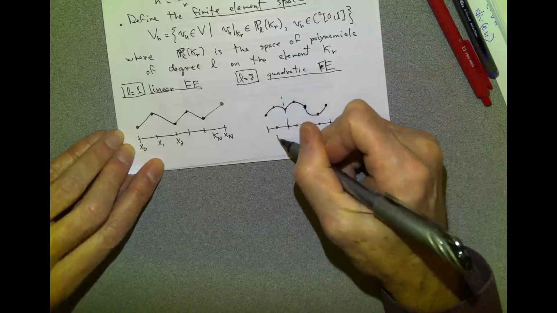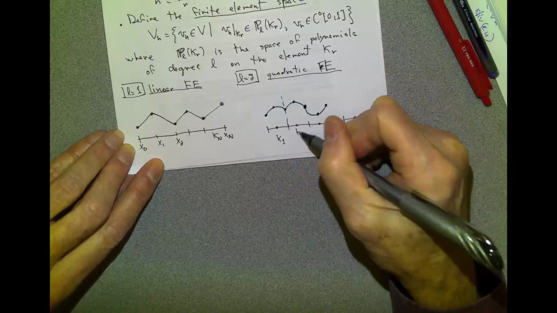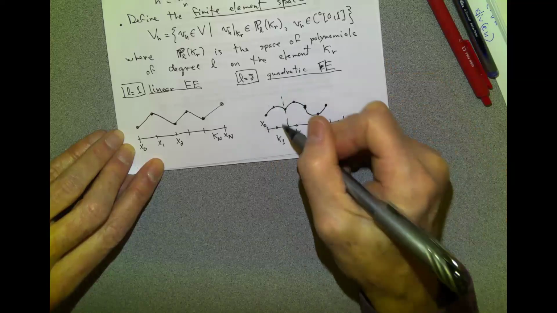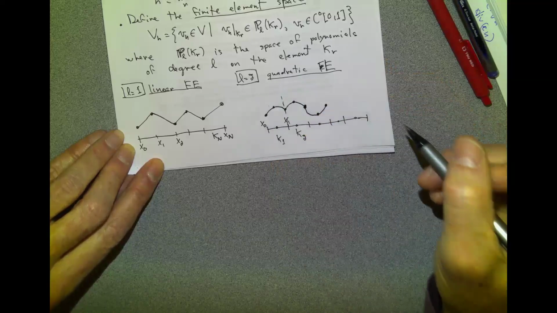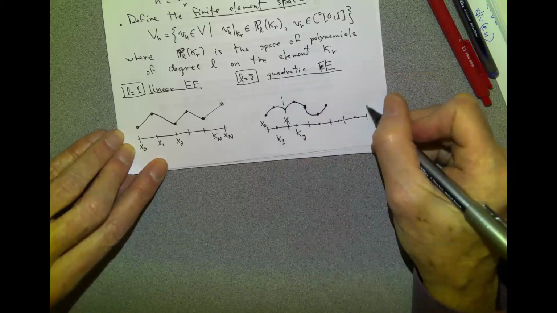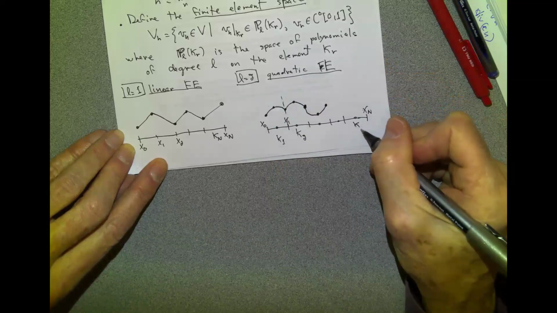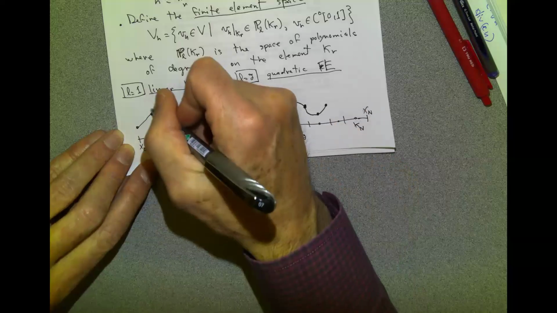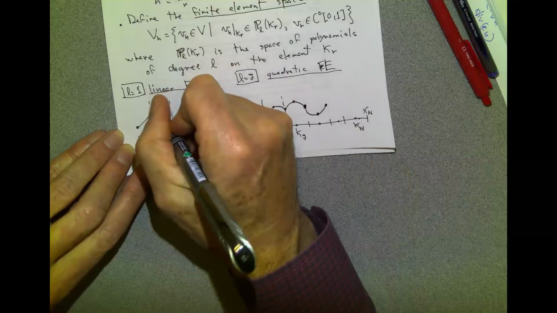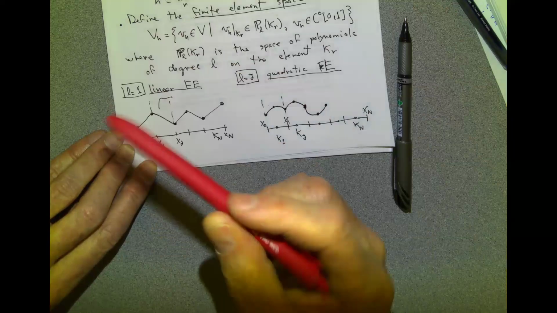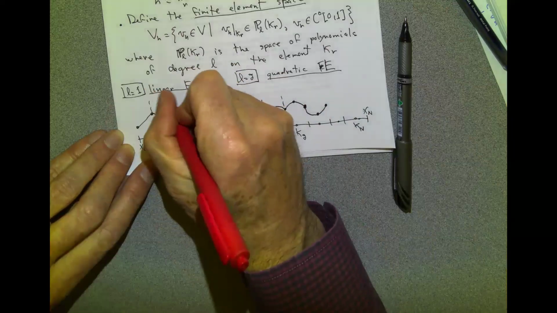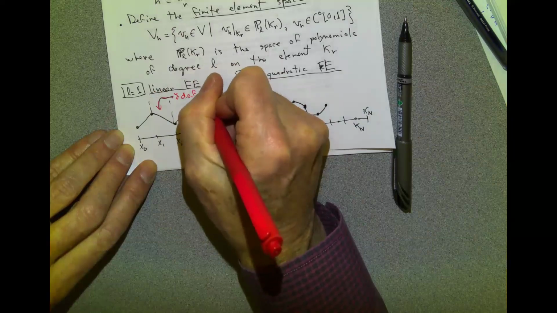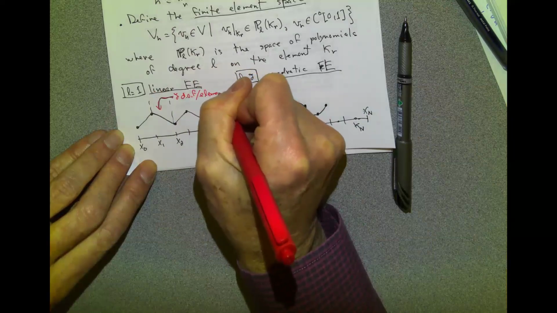So that's my mesh, my element K1, my element K2. That's the node x0, x1, and so on and so forth, all the way to xn, and that's the element Kn. So here we're having 2 degrees of freedom per element.